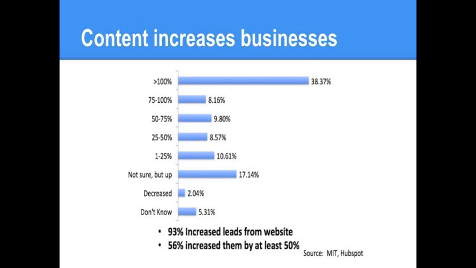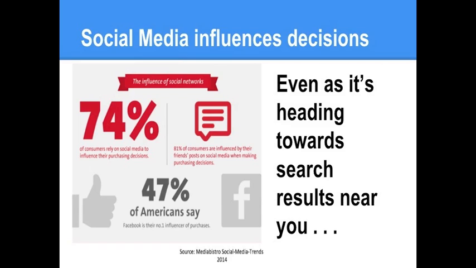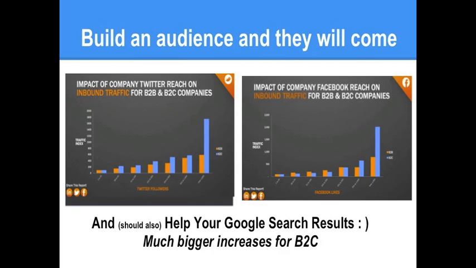Social media influences decisions, according to Media Bistro: 74% of American consumers rely on social media to help influence their purchasing decisions, and half of that say Facebook is the number one influencer. Build an audience, and they will come if you stay consistent.